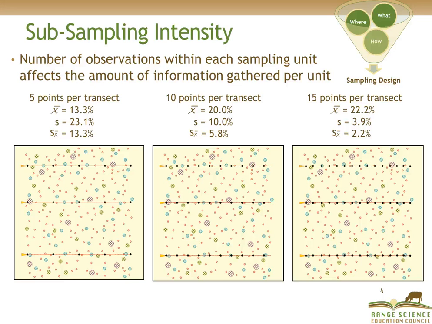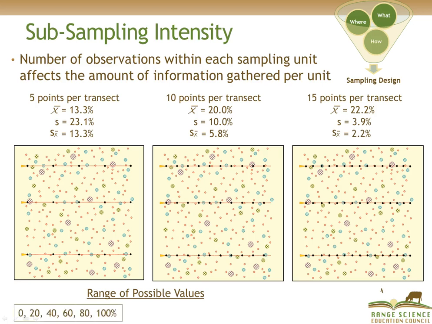Now, one of the caveats to consider when you have different numbers of subsamples in a sampling unit is the range of possible values that each of your sampling units, in this case each of your transects, can assume. If you have 5 points per transect, there's a smaller range of possible values that can be assumed.